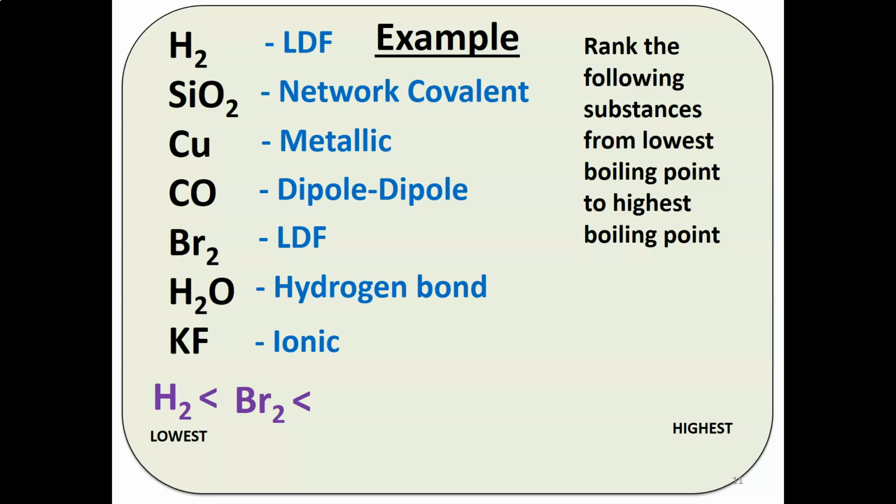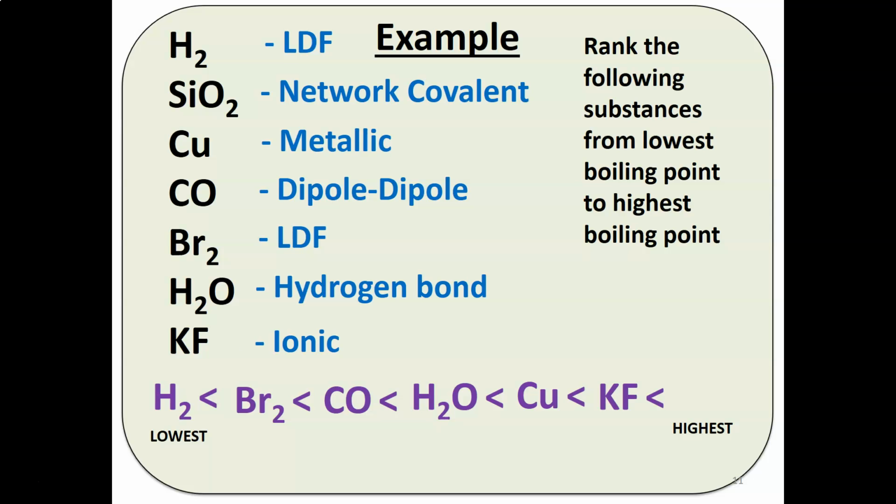Next will be a plain old-fashioned dipole-dipole, then hydrogen bond. At that point, we're kind of crossing over into the bulk solid area. Things start getting much stronger. So now we have metallic. The next strongest would be something that's ionic.